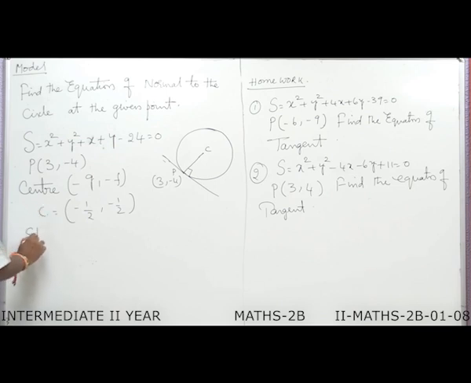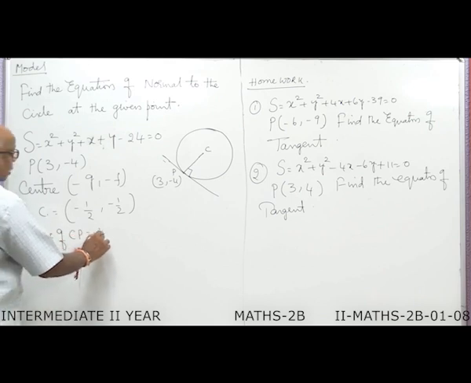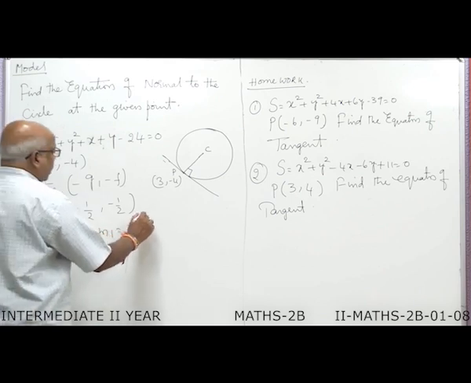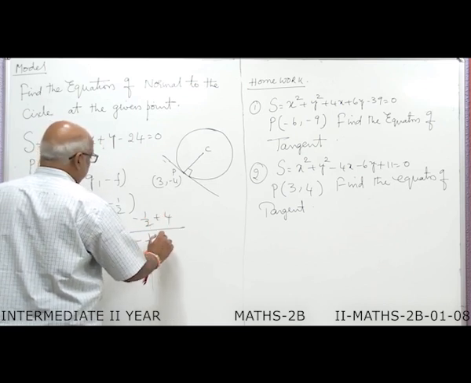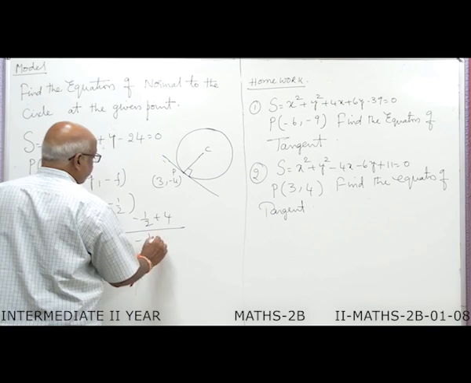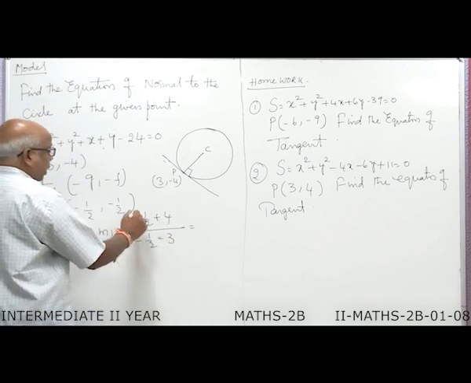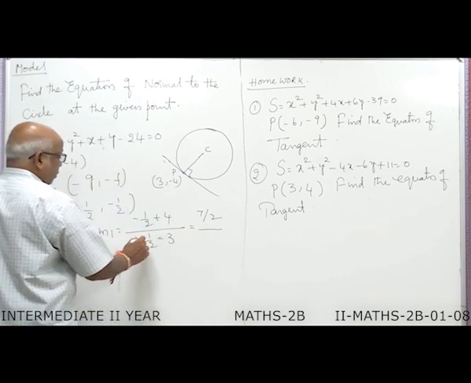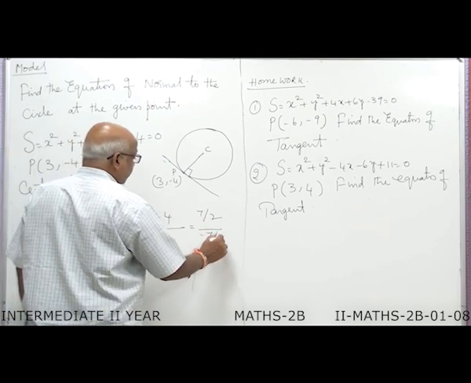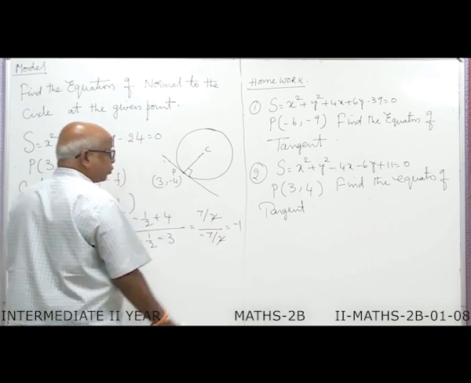Slope of CP: m equal to minus 1 by 2 plus 4 by minus 1 by 2 minus 3. 4 2s are 8 minus 1, 7 by 2, by minus 7 by 2, that is minus 1.